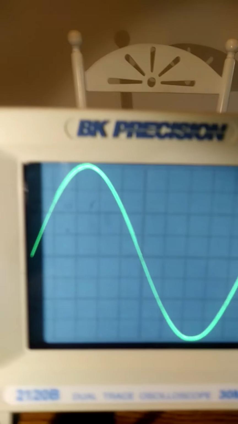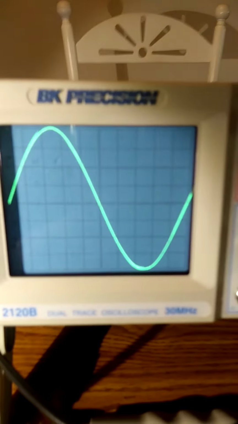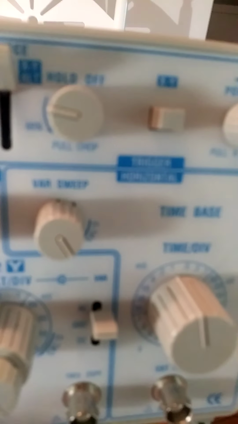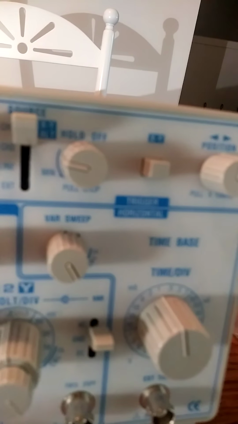So one complete waveform is within 10 squares, and the time per division, or time per square here, is one millisecond per square, so that means the period is 10 milliseconds.